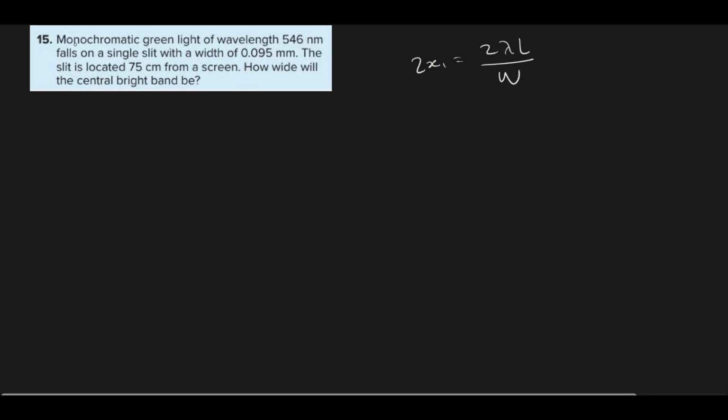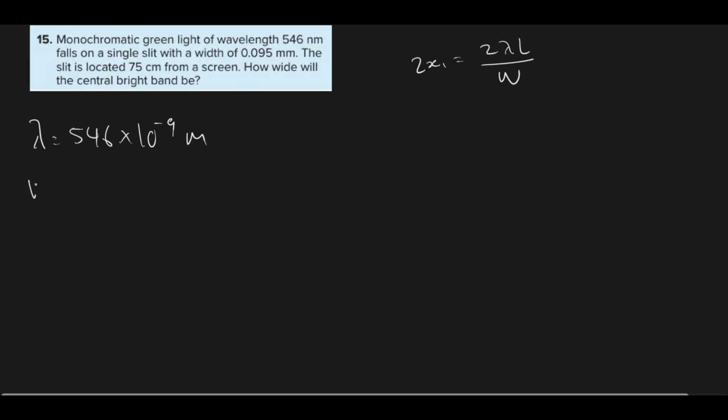And let's see here. Monochromatic green light with a wavelength of 546 nanometers. So we know that lambda is equal to 546 times 10 to the power of negative 9 meters. And it falls on a single slit with a width of 0.095 millimeters.